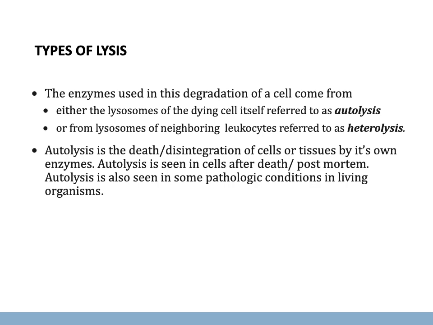Regardless, these two types of lysis, autolysis and heterolysis, work hand in hand to destroy the cells. And as mentioned, this is the type of cell death caused by disintegration of cells. Okay. Now, if you leave tissue lying around outside the body, over time, the cells are going to die on their own, and this will manifest microscopically as necrosis or autolysis as well.